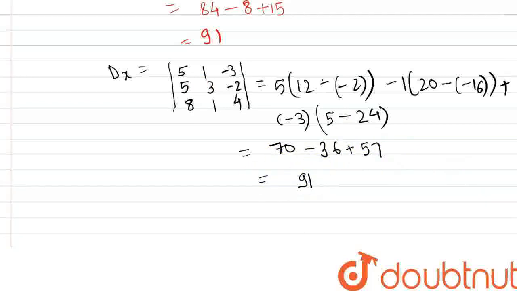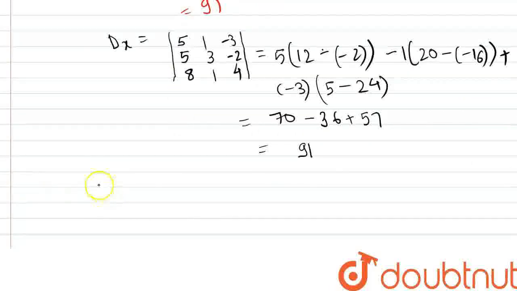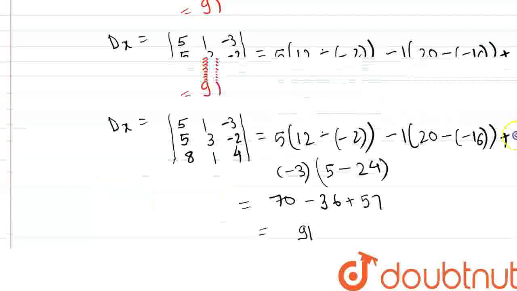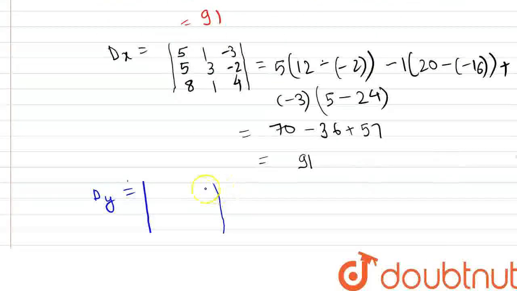Next, we need to calculate Dy. For Dy, we keep the coefficients of x and z the same as in matrix D, and instead of the y coefficients, we keep the constants 5, 5 and 8.